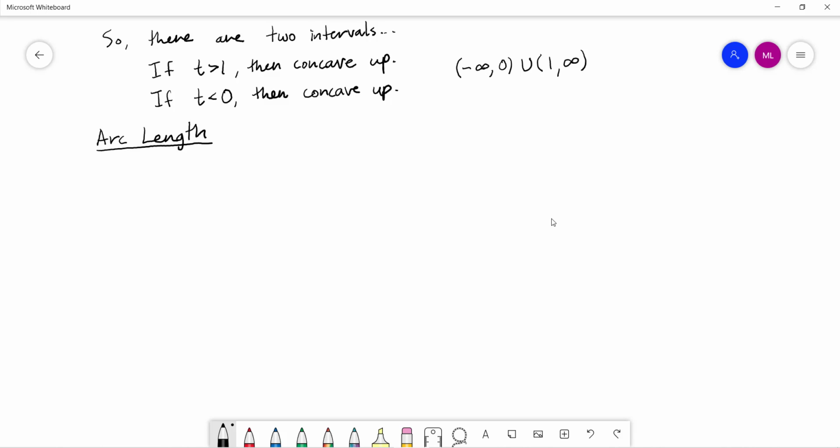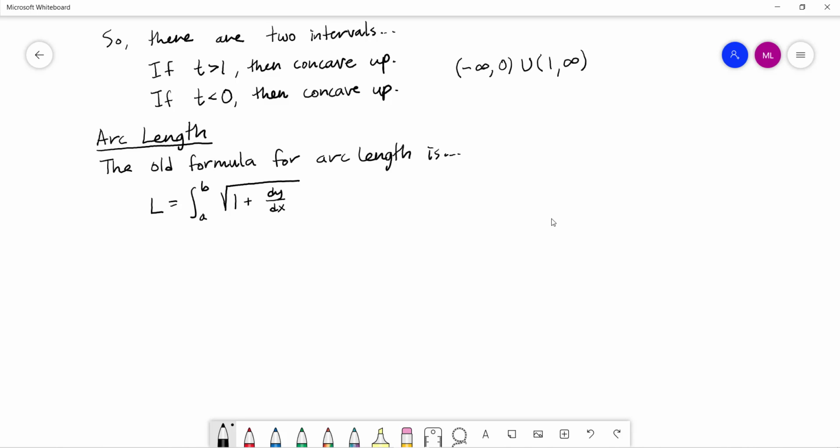So our old formula that we had from a few sections ago is that L, our arc length, is equal to the integral from a to b of the square root of 1 plus dy/dx squared dx.